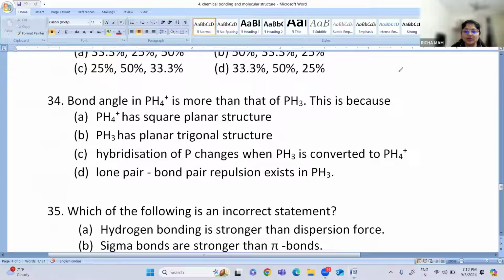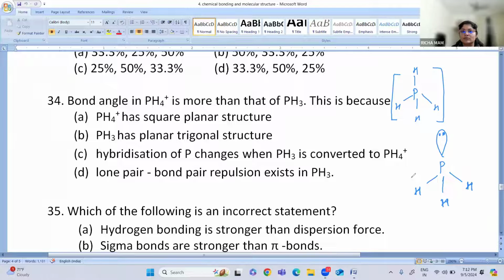If I write the structures of both, PH4 plus and PH3, these are the two structures. This is of PH4 plus and this is of PH3.